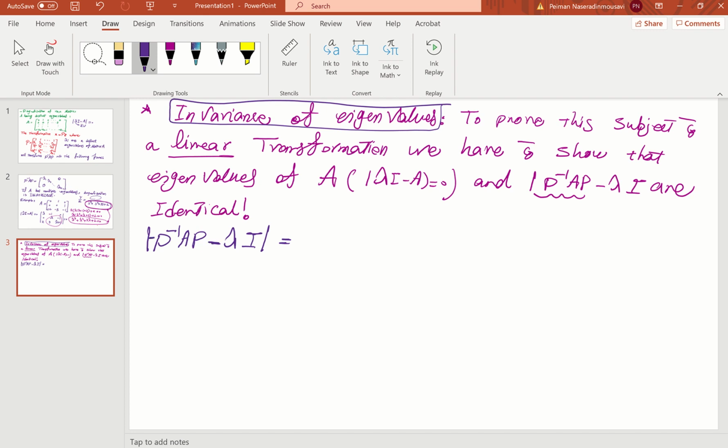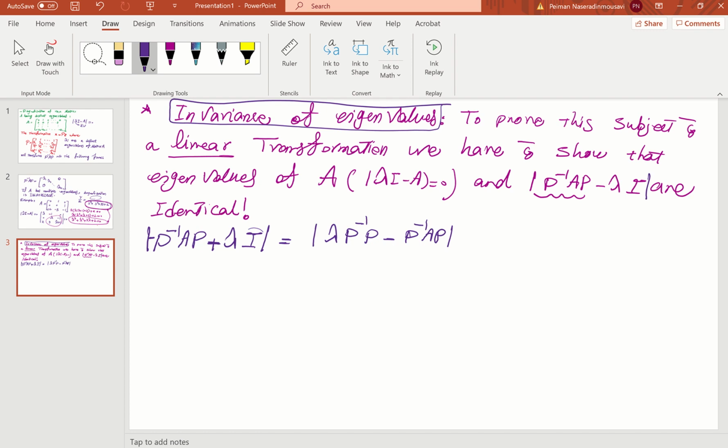To be consistent, now you can say I is P inverse P minus P inverse AP.